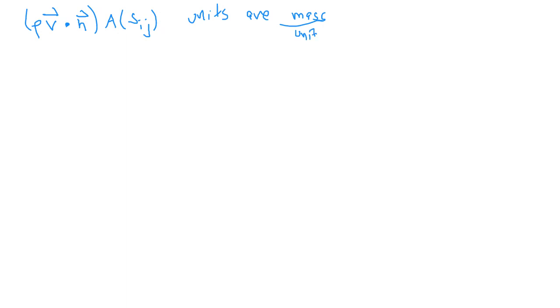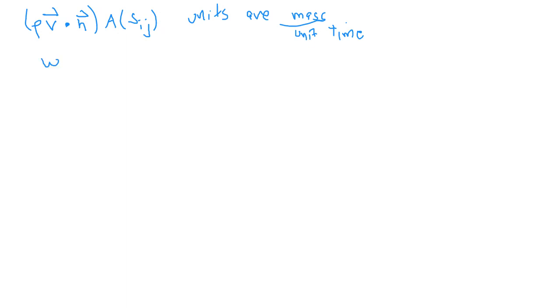What they're saying is that density times the velocity field dotted with the normal vector times the area of the ijth patch, the units for that are mass per unit time, flux. And I want you to feel comfortable why that's true.